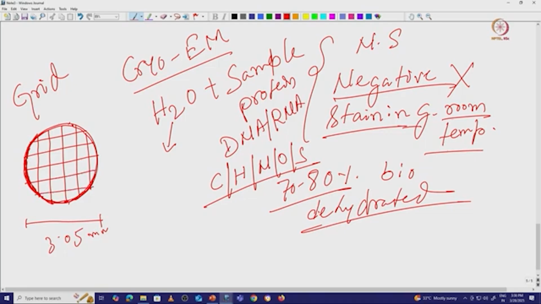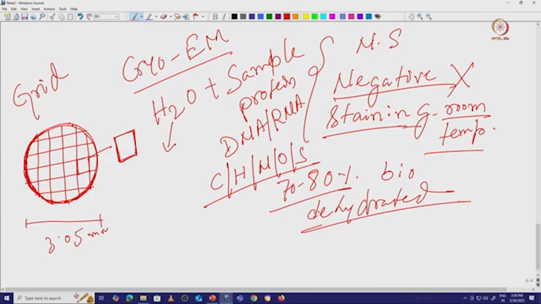These individual squares are empty. If I target one small square, it is completely empty, nothing is there, and this is the copper bar, made by copper.